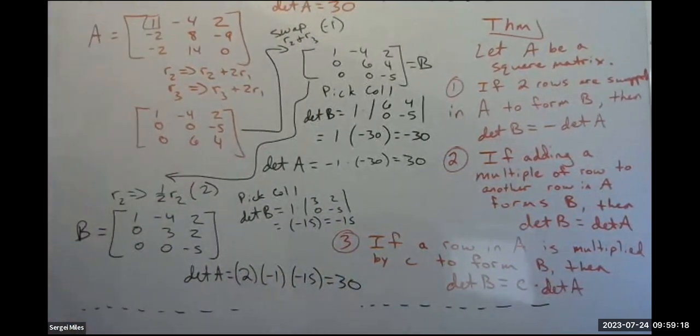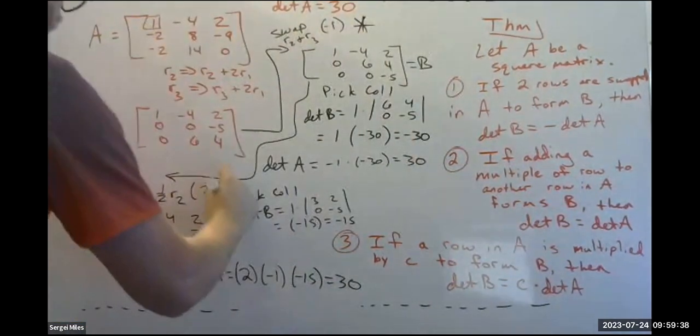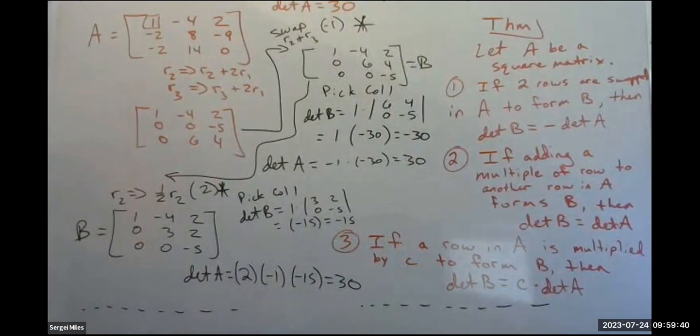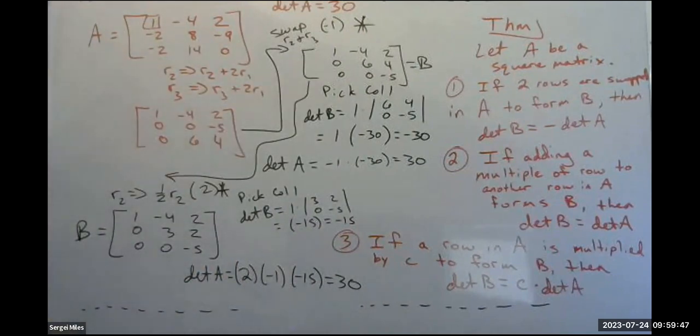So you can do these row reduction things to get your matrix into echelon form so that the matrix is nicer. But depending on what kind of row operations you use, it might change the determinant, and you have to keep track of those changes as you go along. Here we swap rows, and here we modified a row by factoring out something. Whatever you factor out, like the 2, you have to multiply back in.